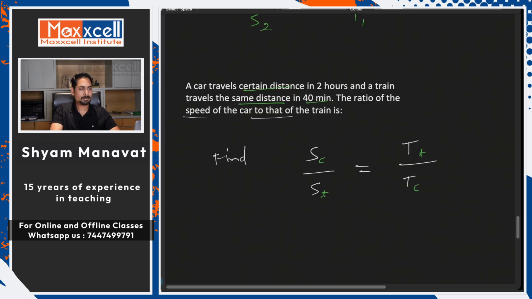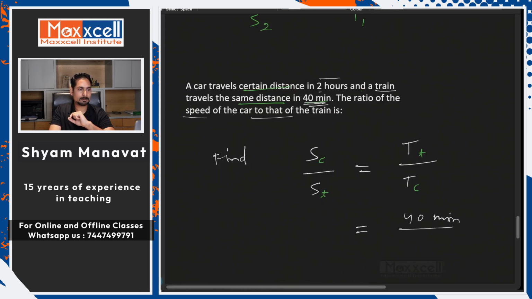Now think about units. The unit here is hours and here it is minutes. The time taken by train is 40 minutes. No problem. I have to make sure that I write the time taken by car also in minutes.